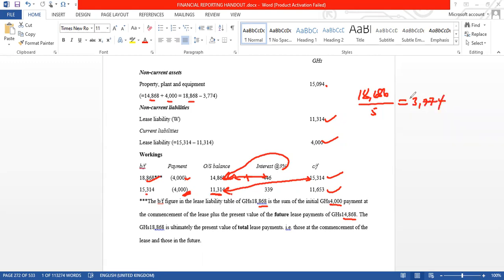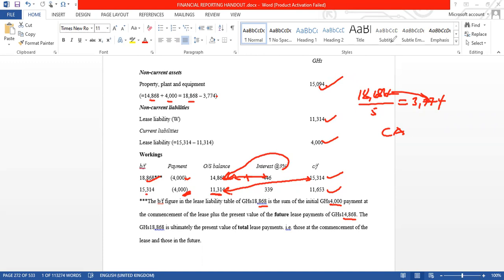So that is what it will give you. You now come back and deduct it from this figure to get your carrying amount, which is done here. So this is how you generate your figures.